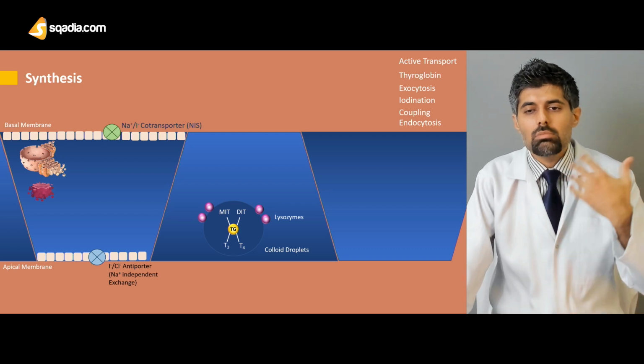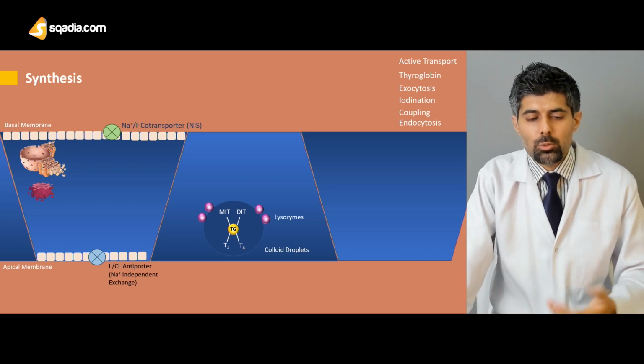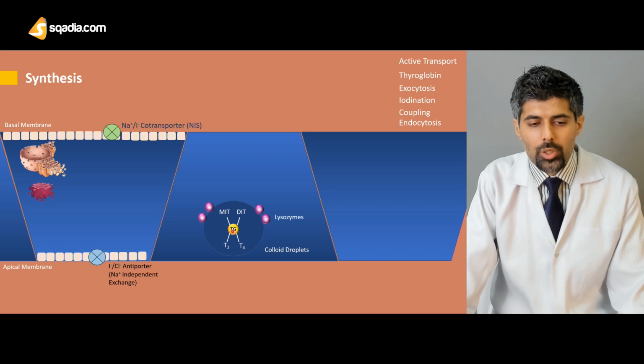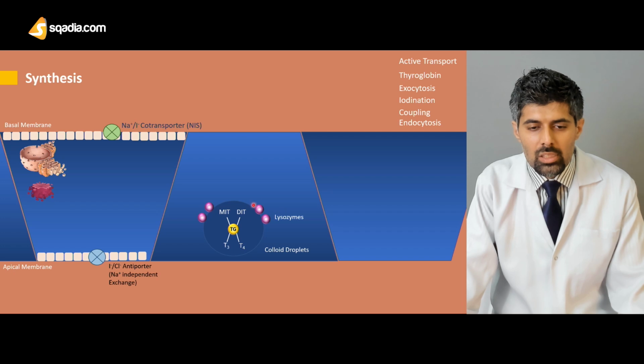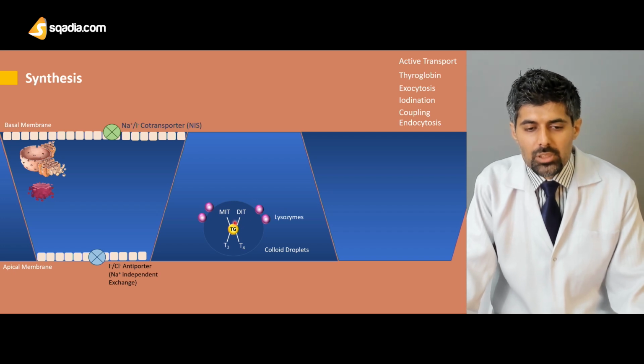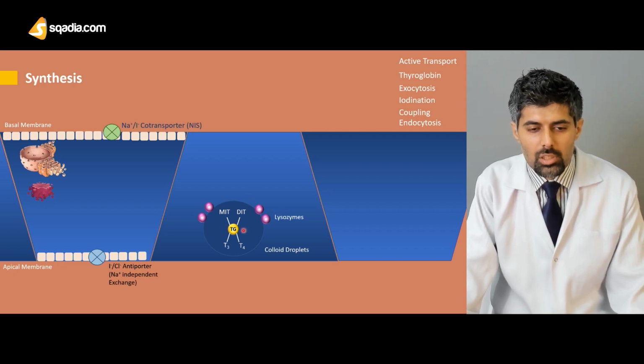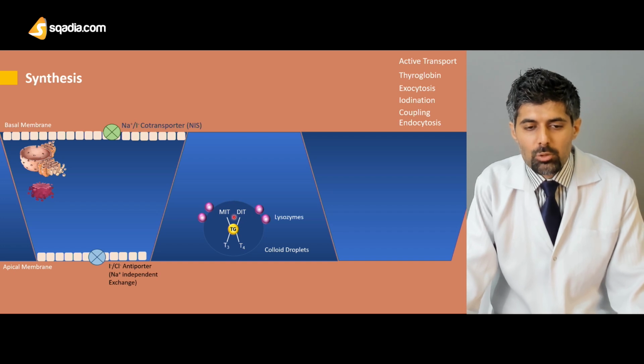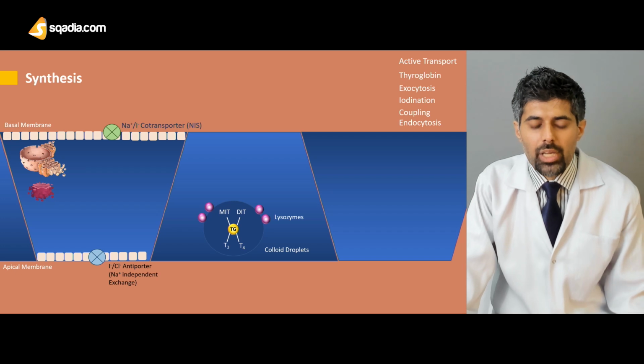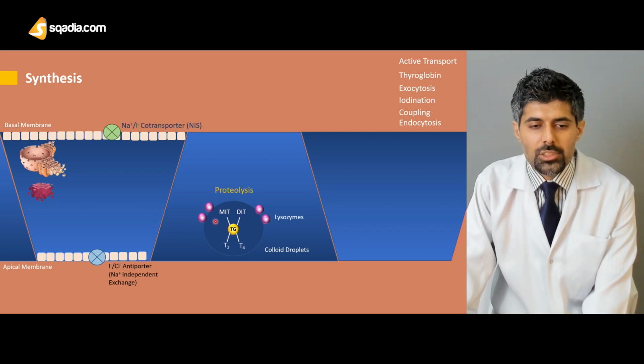Now, once the thyroglobulin moves into the colloid of the follicle because of endocytosis, different lysosomes start to cleave it. They start to remove the tyrosine residues from it, and this is what is known as proteolysis.